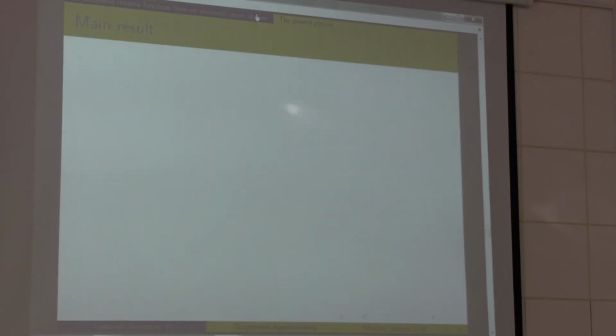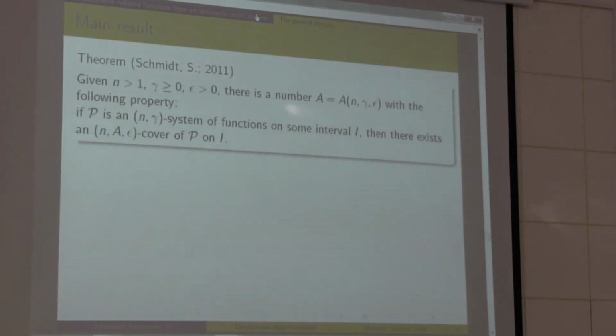And the main result of these covers is the following. It says that this procedure really works. And it says that for a given dimension and given error parameter gamma, and for any epsilon greater than 0, there is really such a width, such that you can fit all these functions that come close together in a strip of the given width.